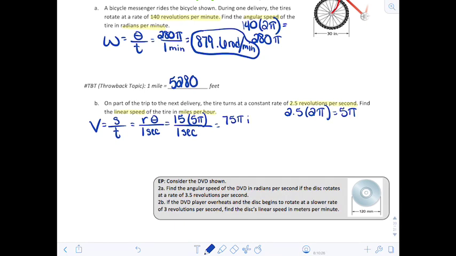So that is in inches. Our theta value is 5 pi, but multiplied times 15, that is our arc length or our distance, so I need a linear unit attached to it. So 75 pi inches per 1 second. Well, that would be great if they wanted inches per second. However, they wanted miles per hour.